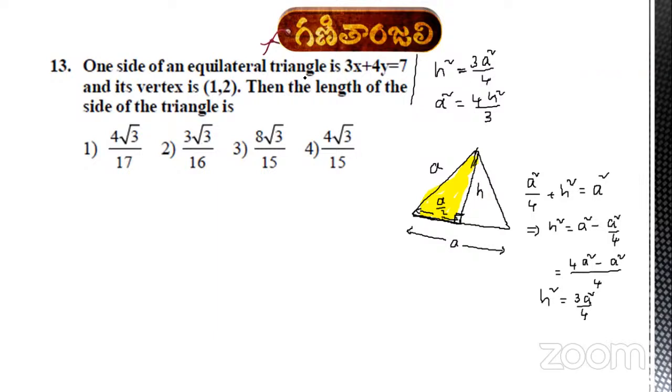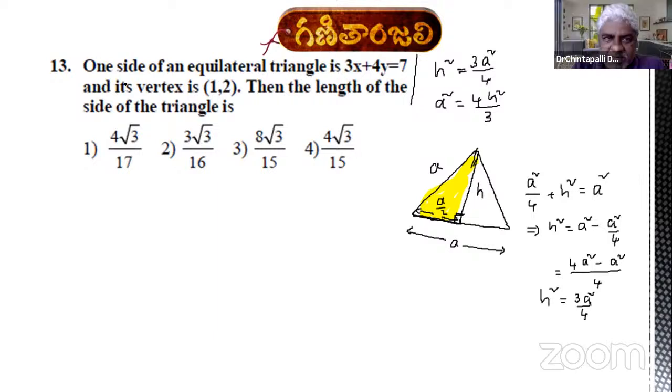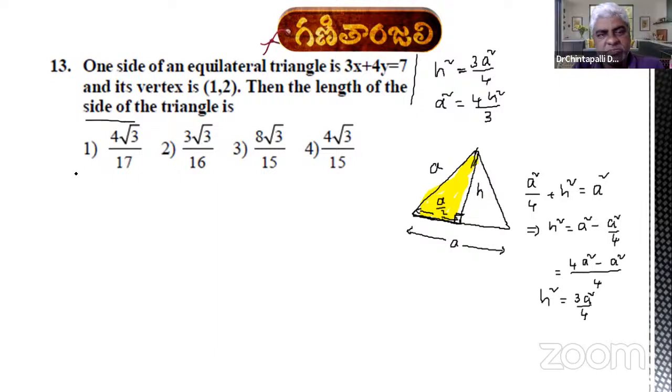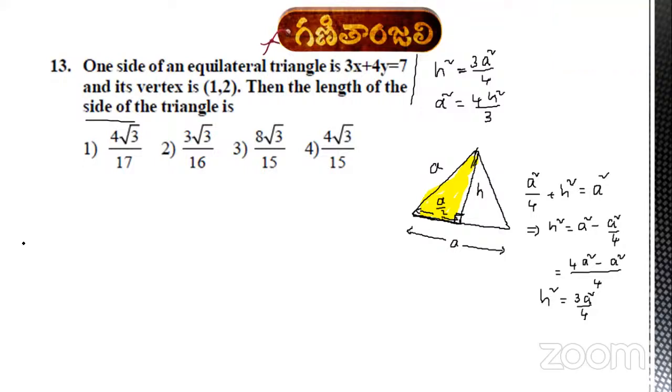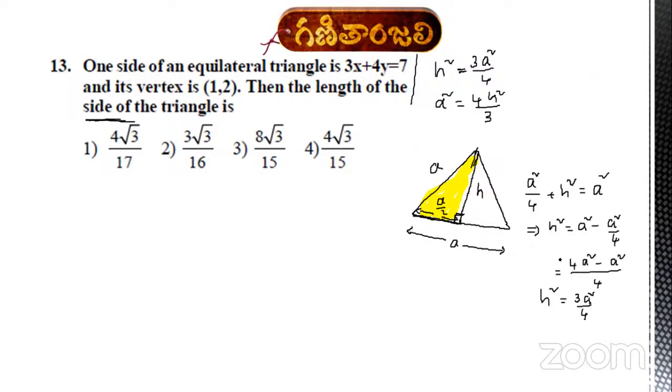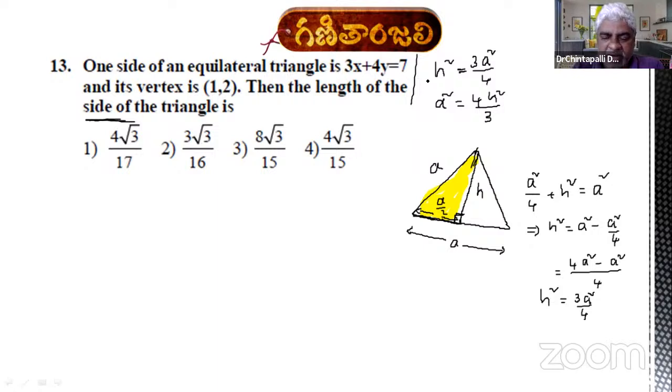What is needed in this sum? The length of the side of the triangle, so we use A square equals 4H square by 3. This point is used here.